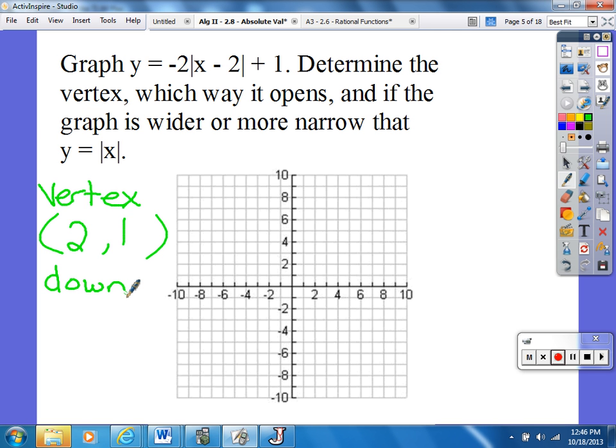Remember, 1, 2, 3, 4 was narrower, where 0.25 was wider, right? But what would -2 be? Actually, narrower. Because that negative only tells me it goes down. The 2 is what tells me whether it's wider or narrower. Does that help? Okay. So in this case, we're going to say narrower.